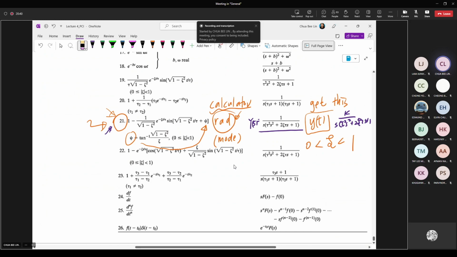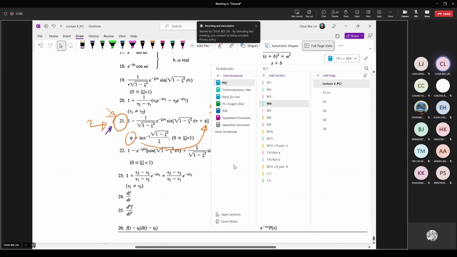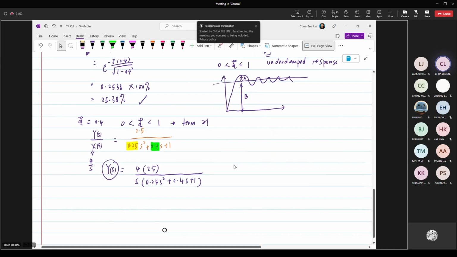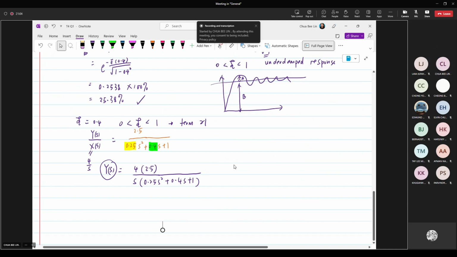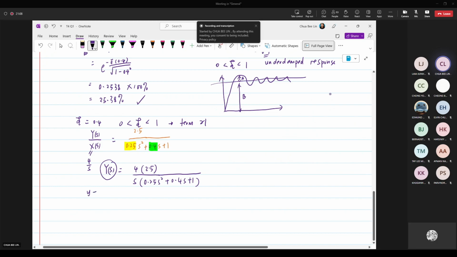So in this case, you're actually having the other value, which is you having KM here. So your question just now having 2.5 multiplied with 4, not 1. So you have to keep this 2.5 multiplied with 4 on the top. Okay, so we will have this solution. So your term 21, the conversion of this will give you y(t).